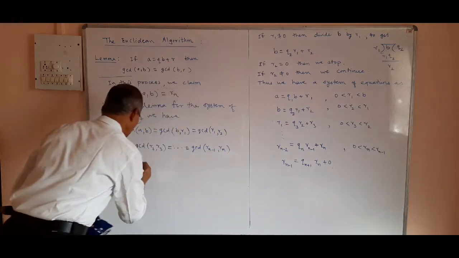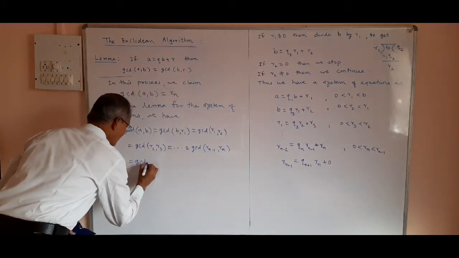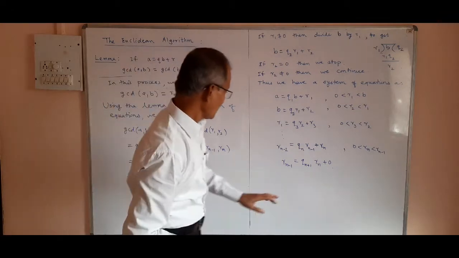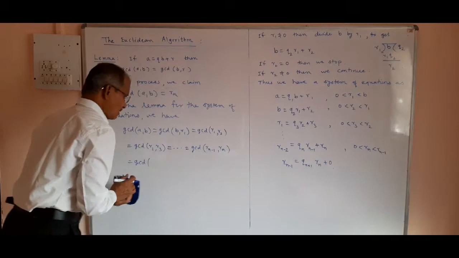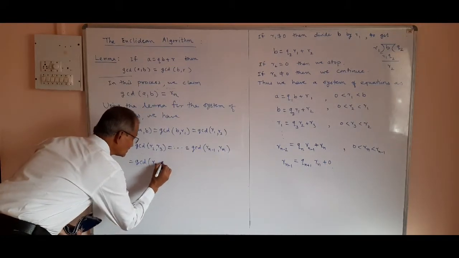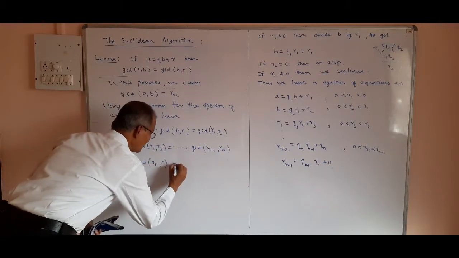And this will be equal to GCD of Rn and 0, since the last remainder is 0.